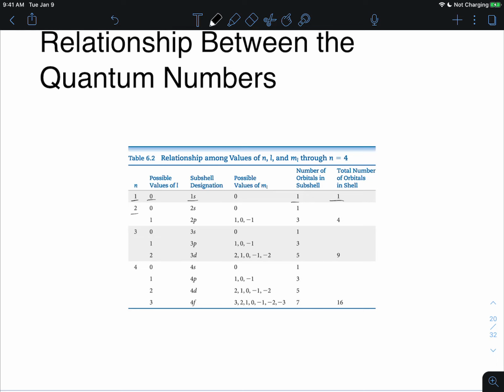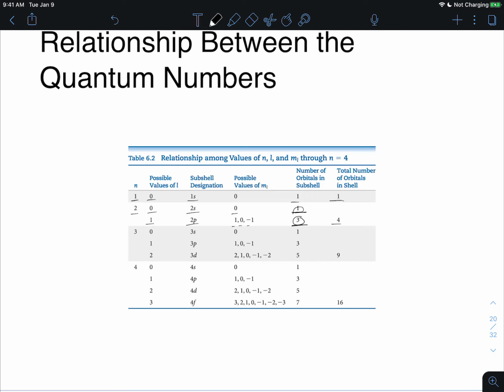N equals 2 gives us 2 possible L values, and our subshells are 2s and 2p. Within our 2s, we have one orbital with one value. Within our 2p, we have 3 orbitals with 3 different m sub L values. So we're describing a total of 4 orbitals in our shell, but 1 within the 2s subshell and 3 within the 2p subshell.